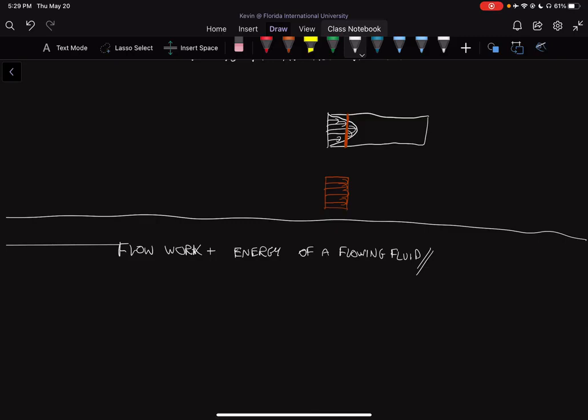We said previously, in the previous module, that for a closed system, work or heat energy can be transferred to and from the system.